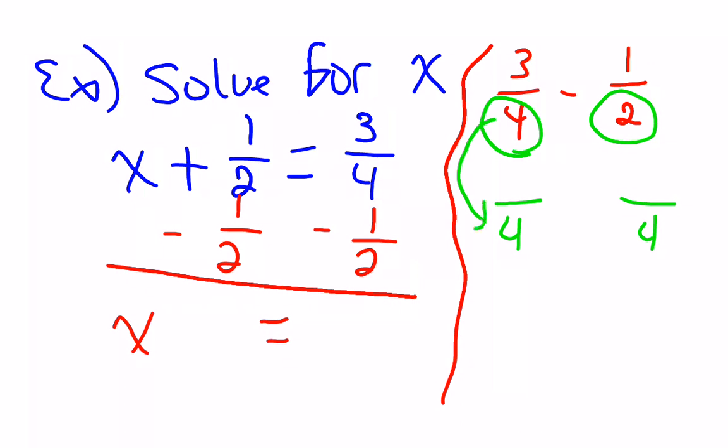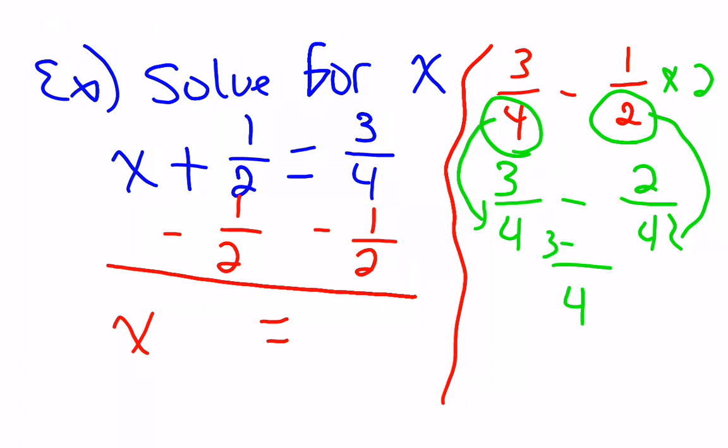How do I get from 4 to 4? It's already there, so that numerator stays the same. But how do I get from 2 to 4? Multiply by 2. 1 times 2 is 2. We keep the denominator the same, but we subtract the numerators. So 3 minus 2 is 1, so we get 1/4. And so x is equal to 1/4.